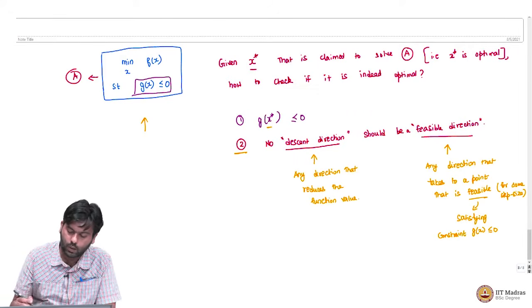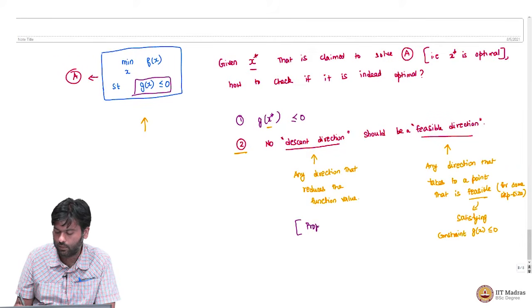So, now remember, descent direction is a property of the function f, right.